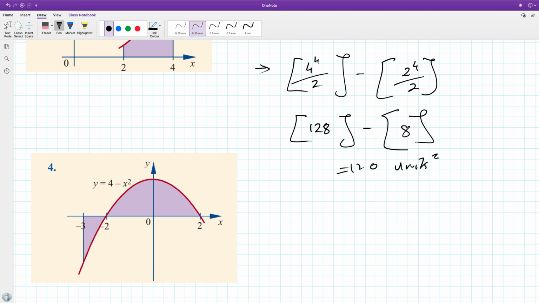We have 4 minus x squared is our curve, and it goes up, goes back down, and they want us to calculate the curve. Anyone, any idea what I'm going to do?